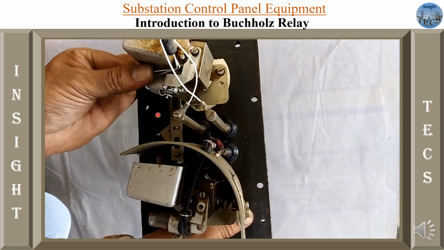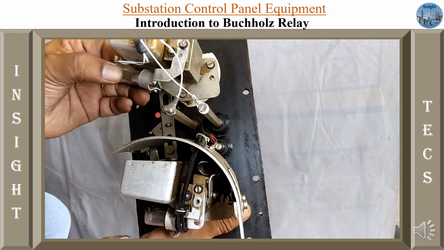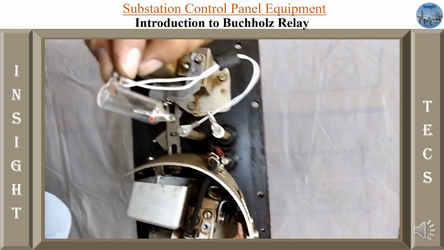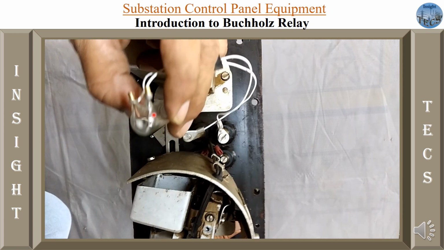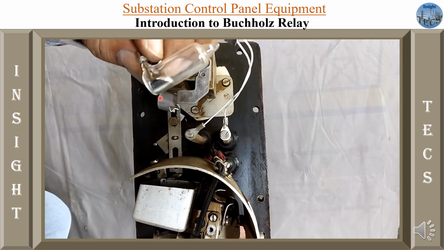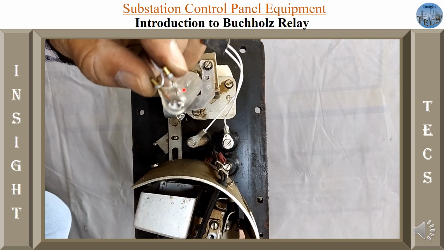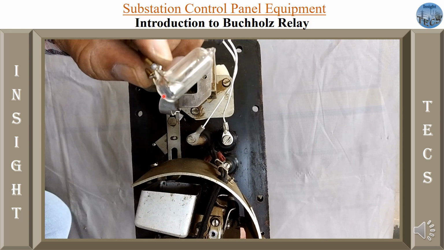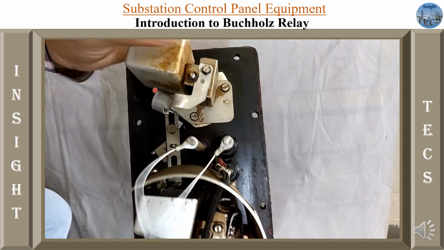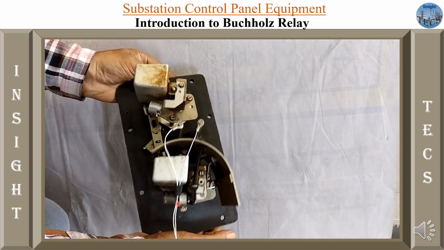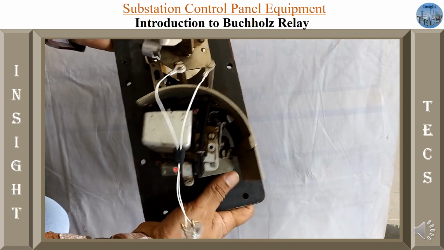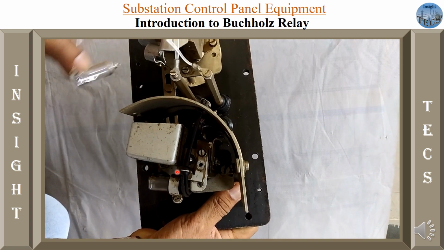Now let us understand this mercury switch in a little more detail. You can see that mercury is filled inside this switch. Okay, so these are its two contacts. Whenever it moves to a certain position such that the mercury joins these two contacts, it gives the alarm command. Similarly, for the second switch for the tripping command, you can see the mercury is over here, and in a similar way this also operates.